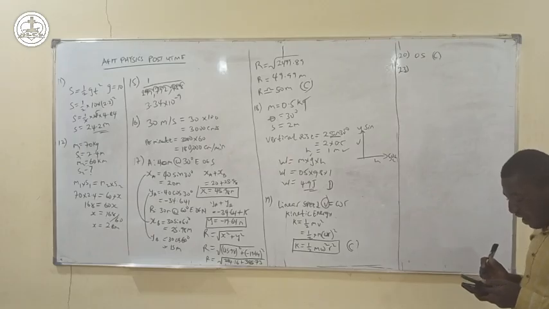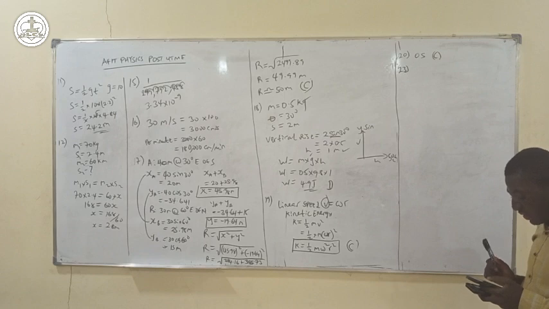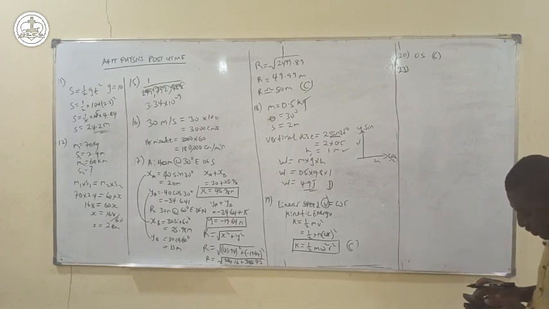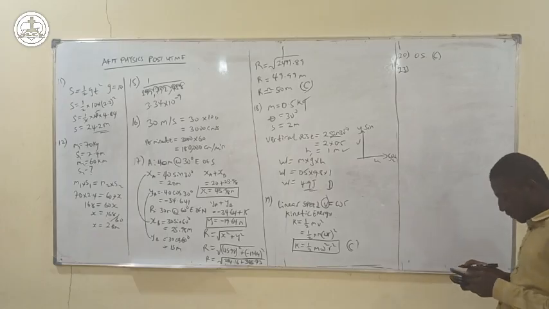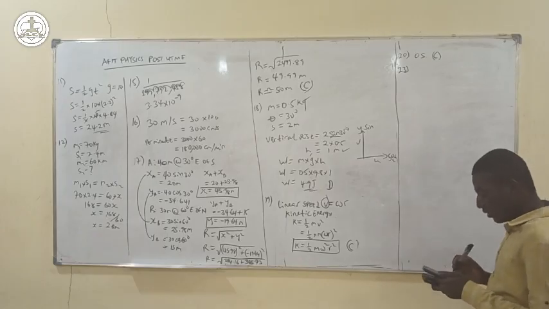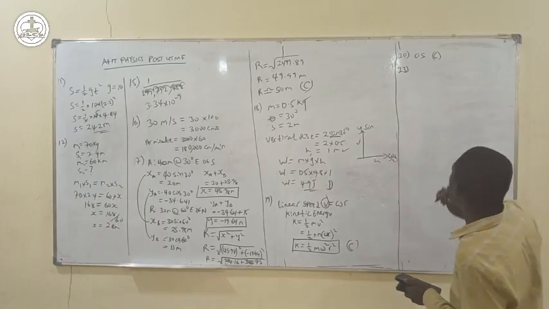B, b and c have equal magnitude and point in the same direction. C, b and c have equal magnitude and point in opposite direction. D, a and b point in same direction but a has twice the magnitude of b. So what do we think is going to be the answer? The answer is b, but let's solve and see.